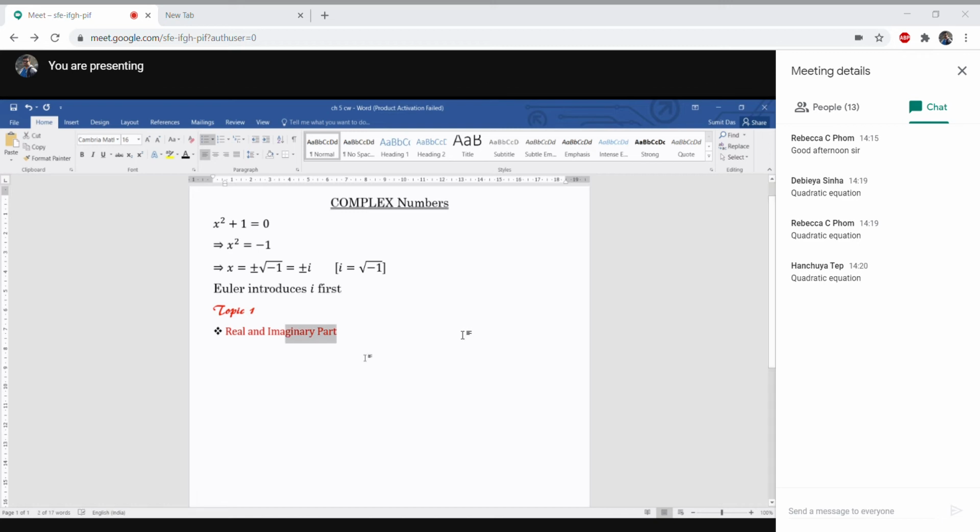This i is not a complex number. Okay. A complex number will be in the form a plus ib.